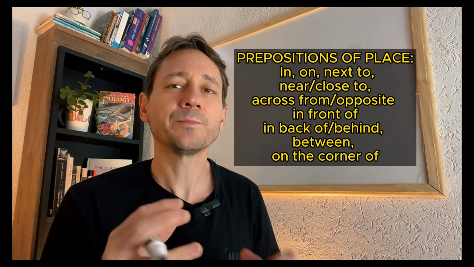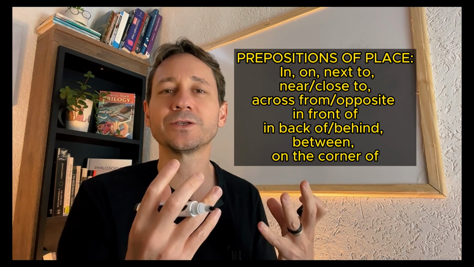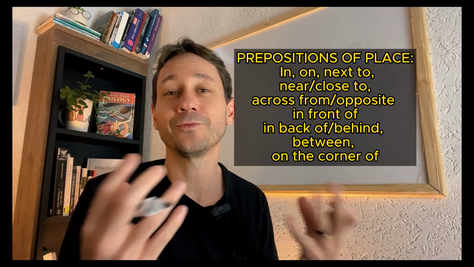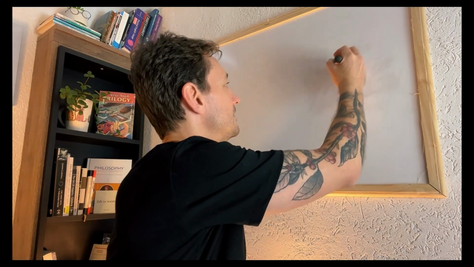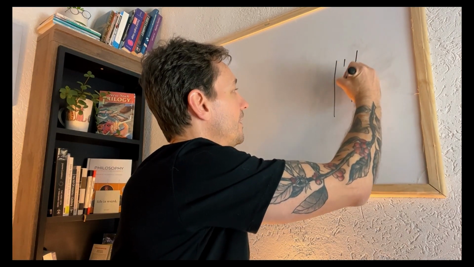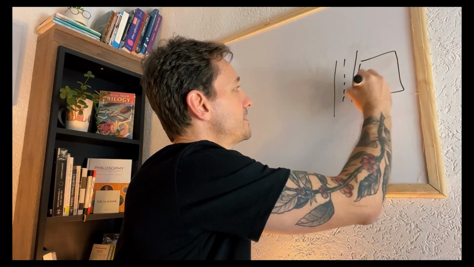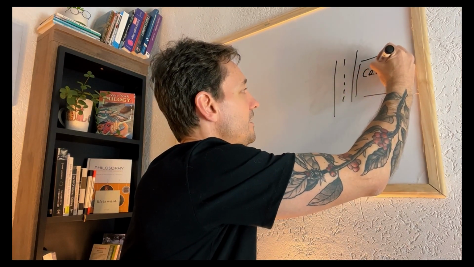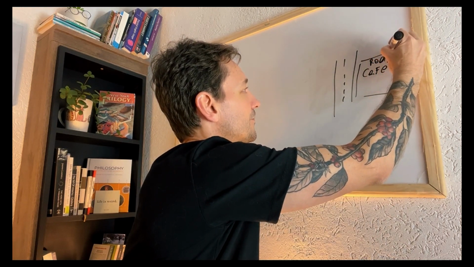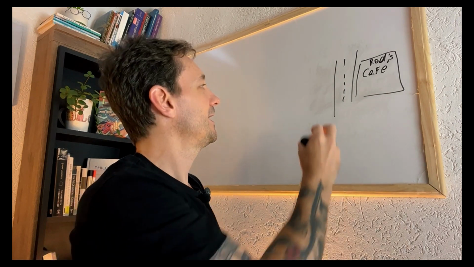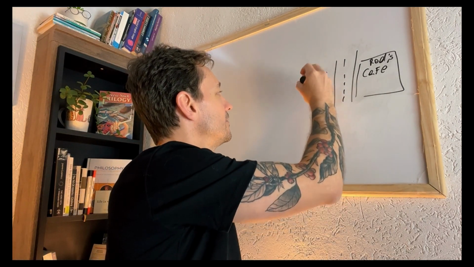A good problem that some of my students encounter when they're studying English is this. Let's say you have a street. And here it's the coffee shop, the cafe, Rod's Cafe, let's call it. Cool? And you live here. This is your house.